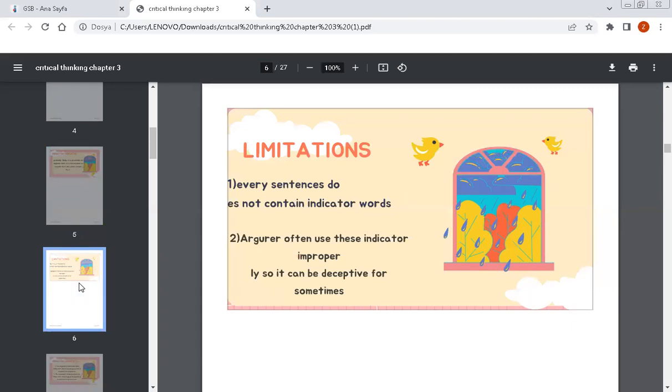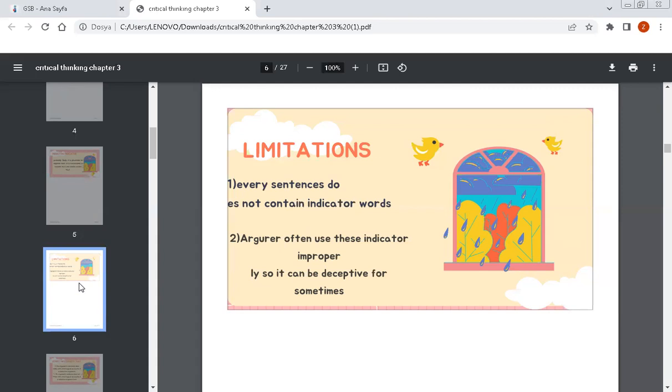But unfortunately, there are two limitations of this test. The first limitation is that not every sentence contains indicator words. The second one is that arguers often use these indicators improperly, so it can be deceptive sometimes.